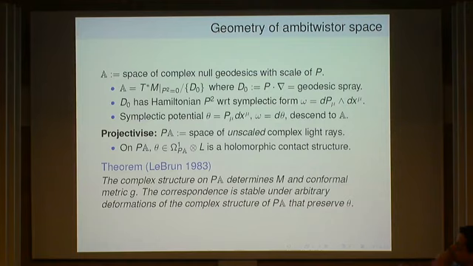As defined here, in order to run the LeBrun machinery, we tend to quotient by the scaling. So this A was a space of complex geodesics with the scale of the associated momentum vector, but we can projectivize out by that scaling.